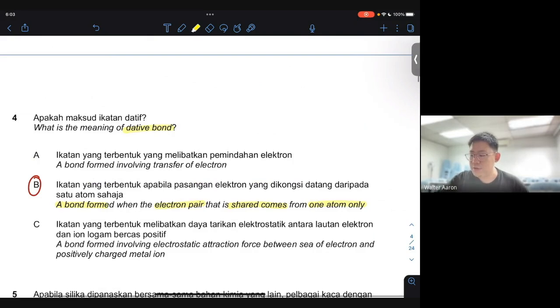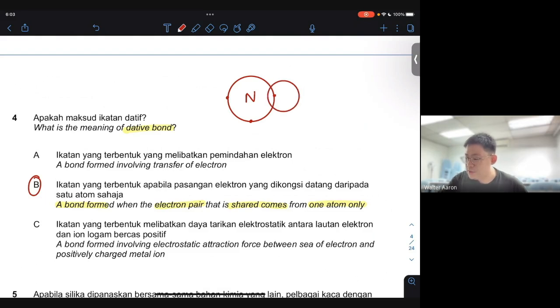For example, if we take a look at ammonia, nitrogen supposedly has 5 electrons. But what happens here is that it only shares 1 electron each with hydrogen.